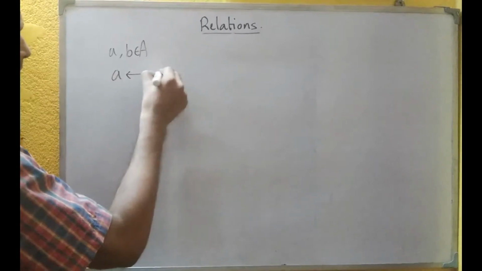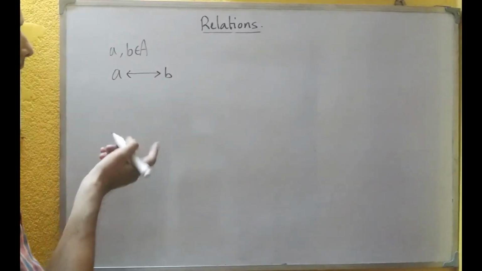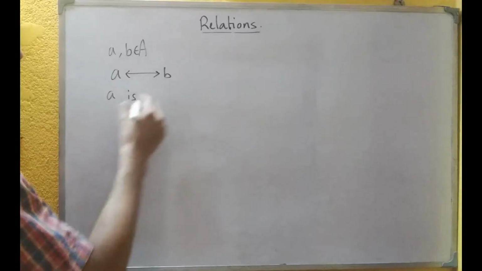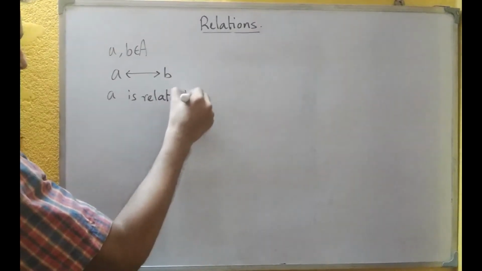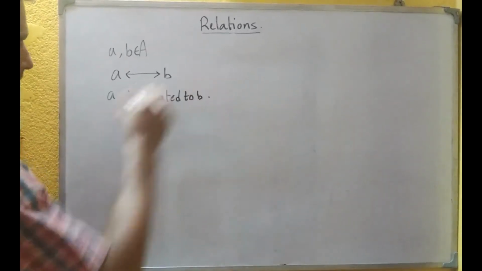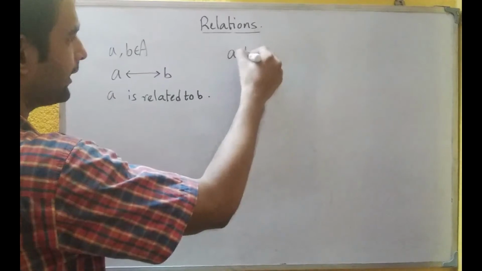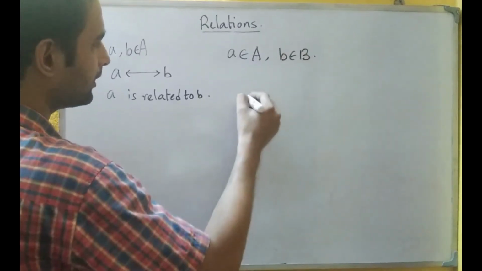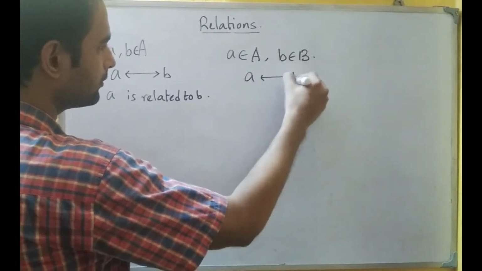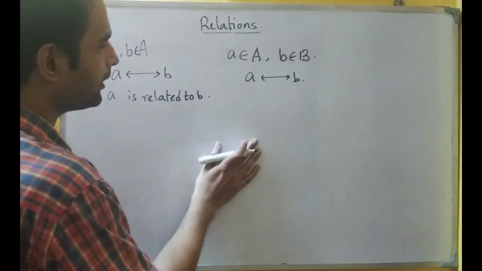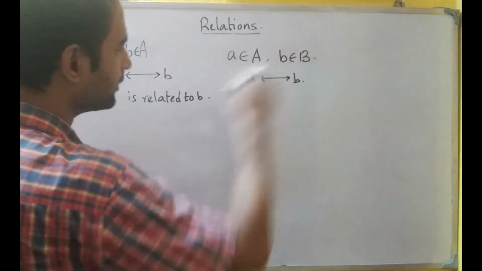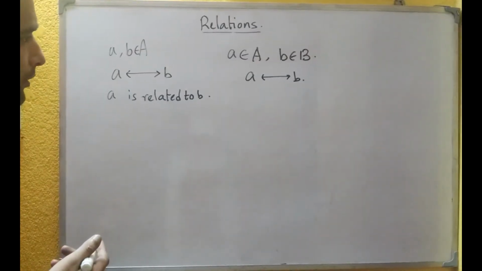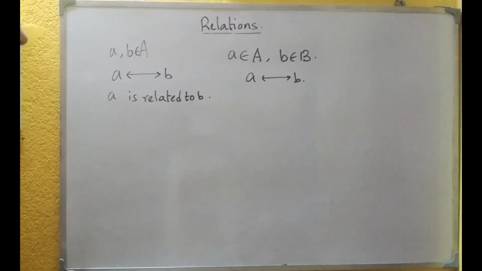If somehow these two elements are related to each other by some rule, then that rule will be the relation, and we say that the element A is related to B. In the same manner, suppose we are taking the element A from the set capital A and B from the set capital B, and if somehow by some rule we can link the elements A and B, then that will be called a relation from A to B. So whatever it is, it should be a rule that will be linking two elements of the set.